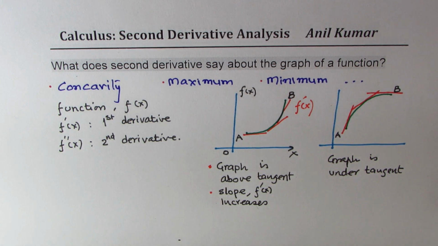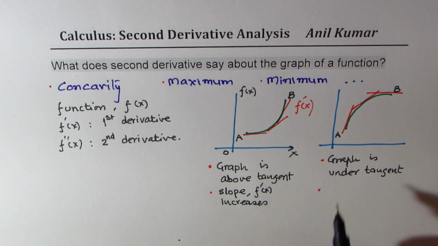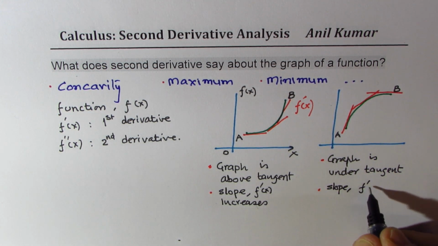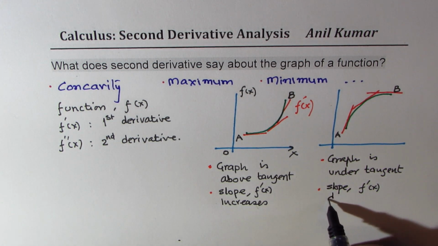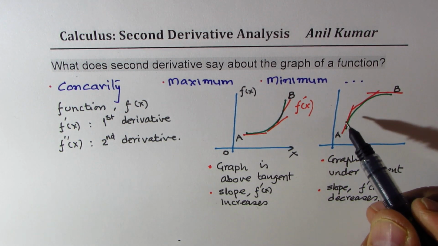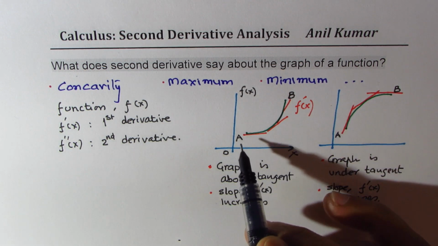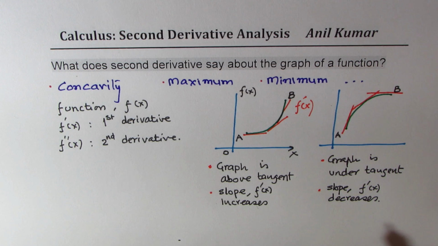And in the second case, the slope or the derivative, f dash x, decreases. So here from high to almost zero, here from zero to high. So it is kind of increasing all the way. Here the slope is decreasing all the way.